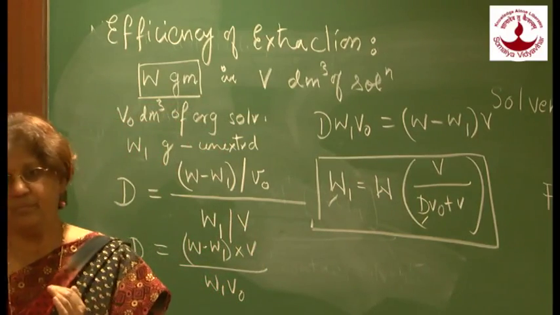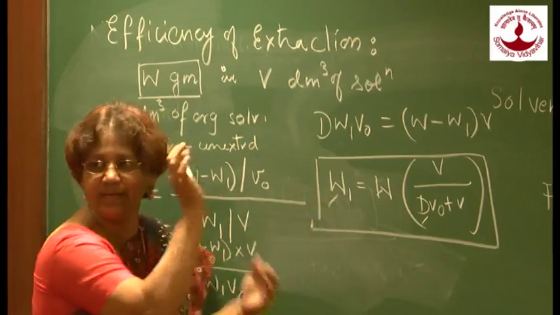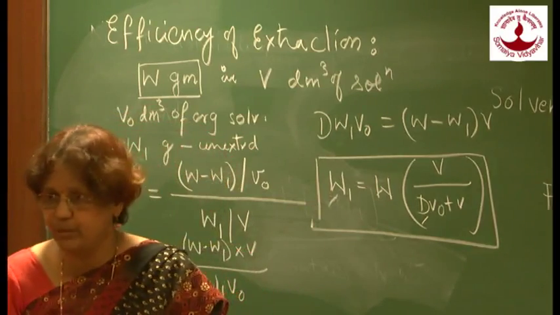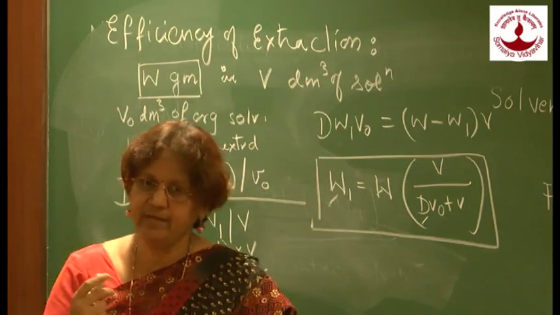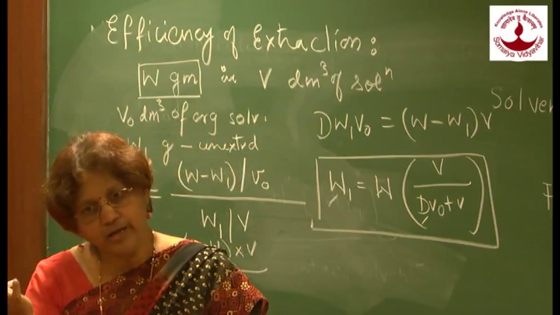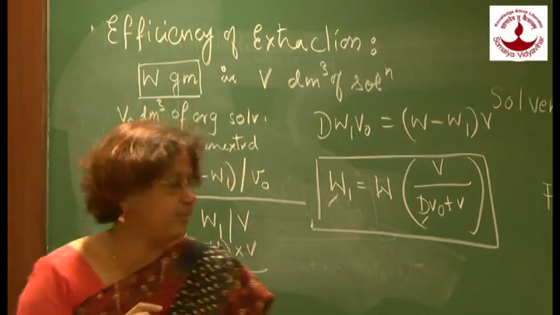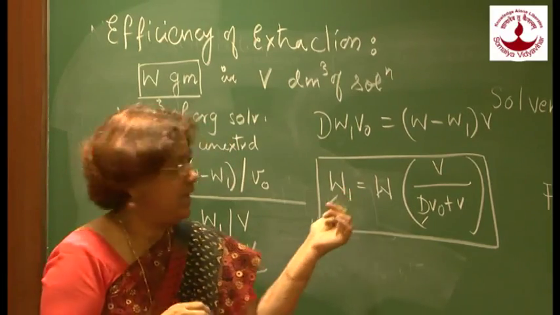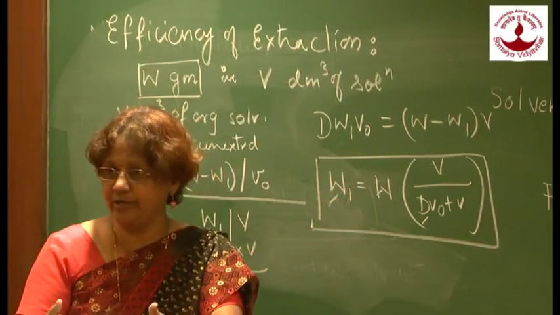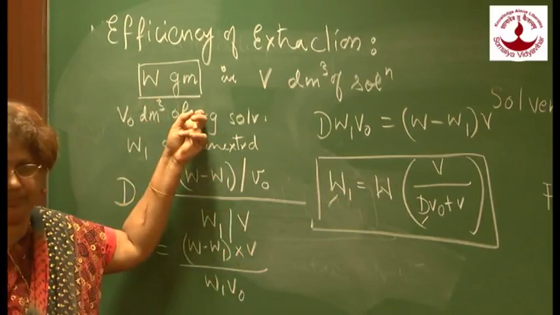Now the same solution containing W1 gram of the solute. Are you understanding? Initially we started with W gram. After doing equilibration with VO dm cube, how much went into the organic phase? W minus W1, leaving behind W1 in the aqueous phase. Now this W1 is going to be treated with a second lot of organic solvent, once again VO dm cube. Right?